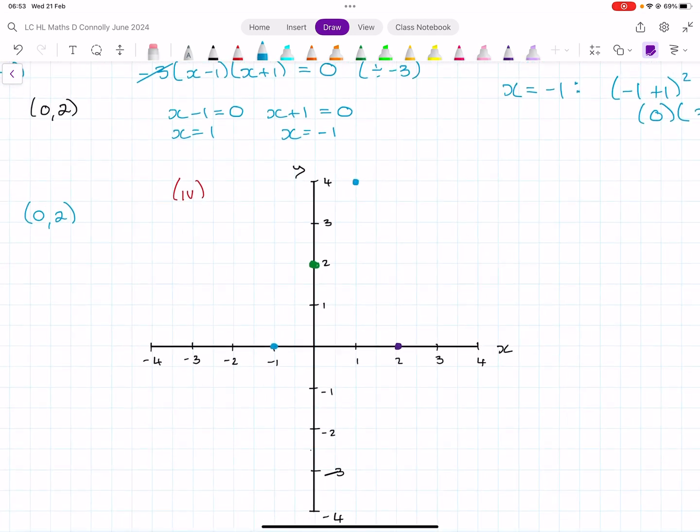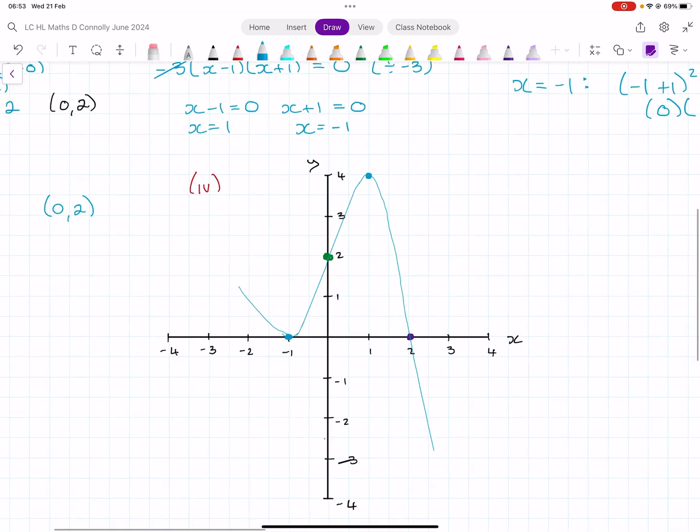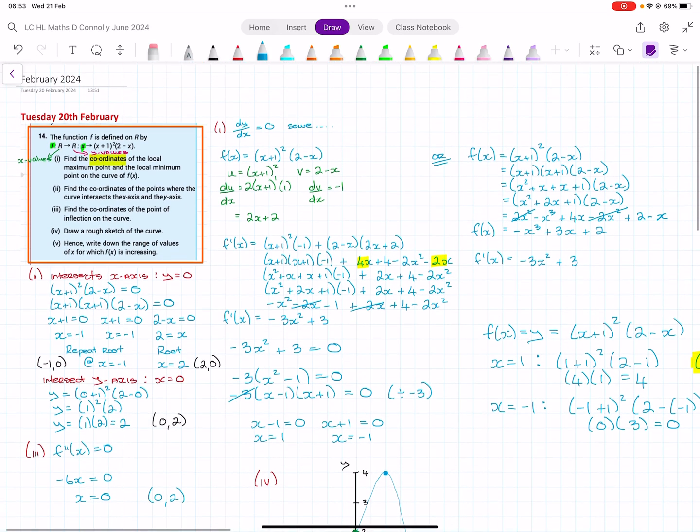Essentially it is going to come, let me just make it a bit smaller, from up here. Minus 1 is a repeated root, which means it just touches the axis and goes back up again. Then it goes through the y-intercept, which is also the point of inflection, up to your maximum turning point, back down, through your other regular root, and there's your cubic graph. And that looks about right.